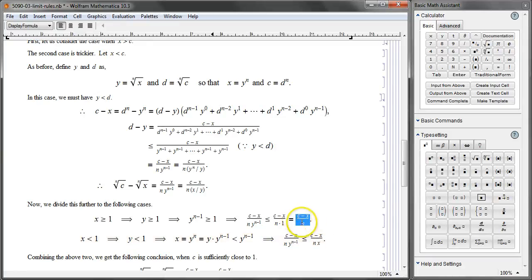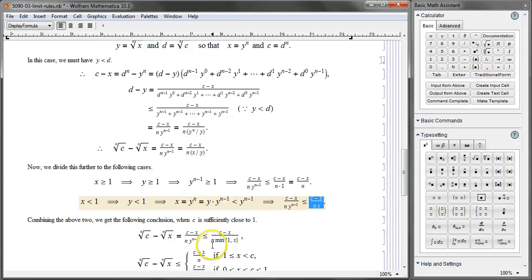Putting this one and that one together, we get this expression, n times the smaller of 1 and x. When c is sufficiently large, much greater than 1, then when x gets pretty close to c, x will also be greater than 1, so the denominator will be just n times 1, so we have a constant.